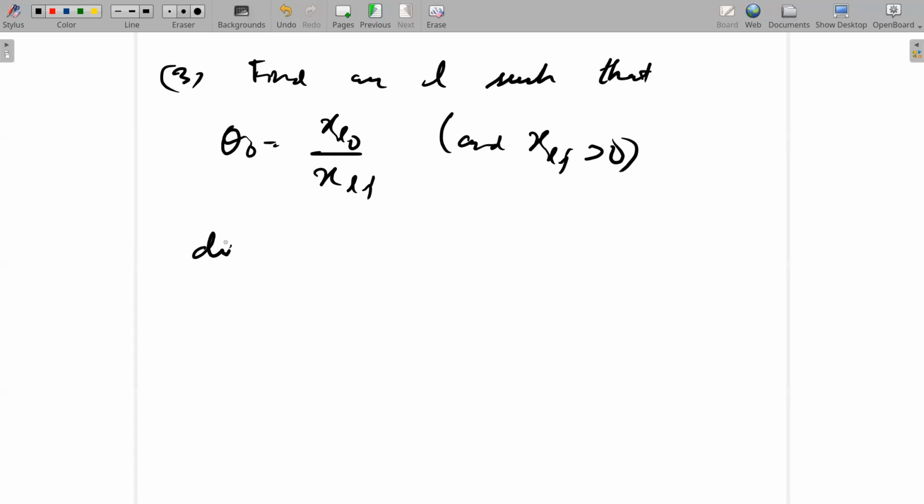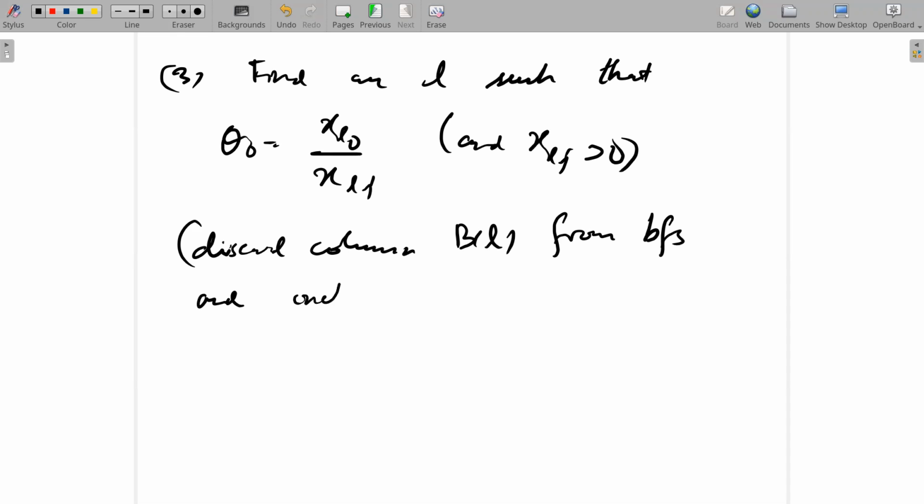So essentially discard column BL from the BFS and include column J in the BFS. Step 1 and step 3 have told us what column to include and what column to discard when we are moving to a neighboring BFS.